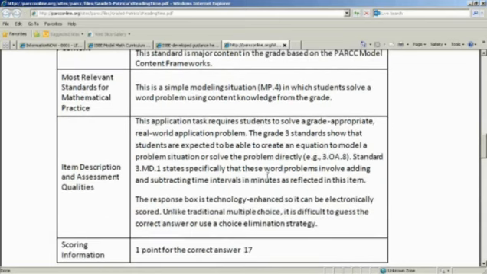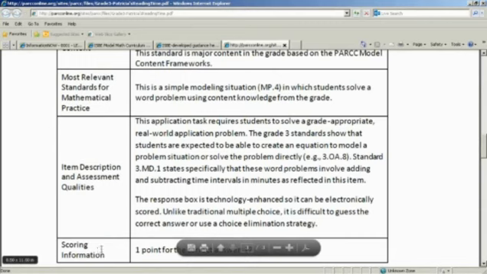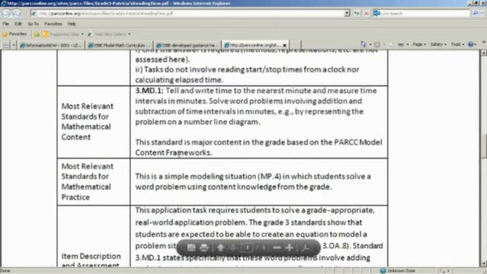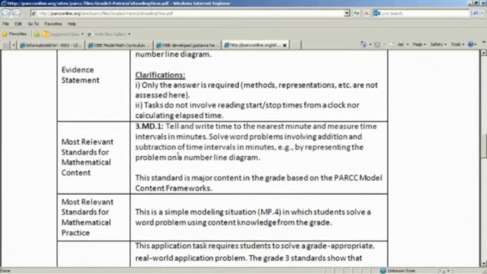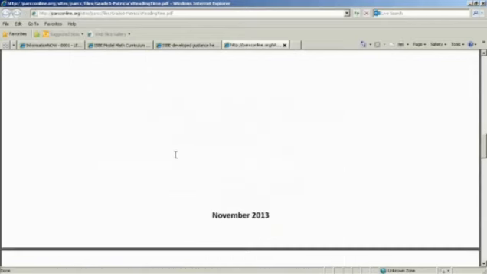Then there's a description of the item, and again, a little bit more on the scoring information. We see a balanced representation of procedural skills, conceptual knowledge, and application present in this assessment item, demonstrating the rigor of the standard and the assessment.